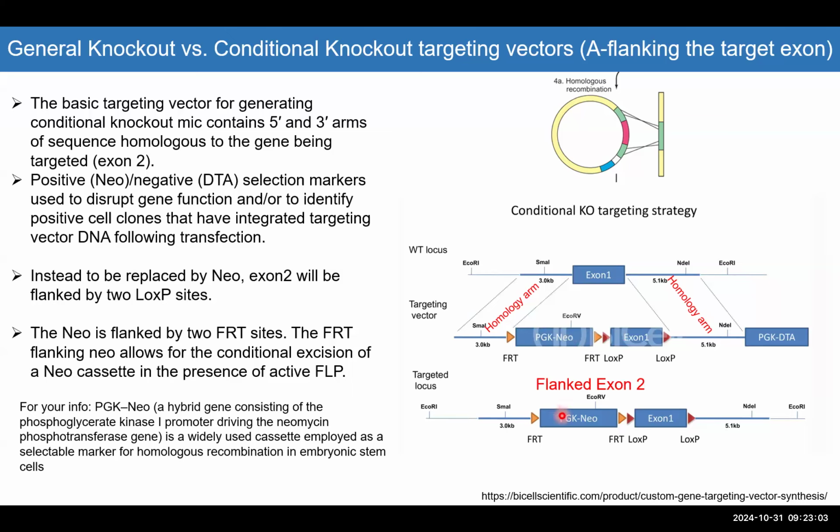When I remove the neomycin cassette by flippase, I will end up with a product where exon 2 conditionally can be removed whenever I express a CRE. Anytime I express a CRE, I can remove exon number 2 in this condition. Okay, any questions here? Okay, no questions. Great.